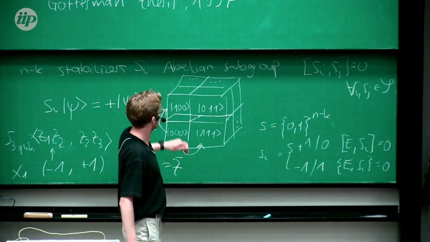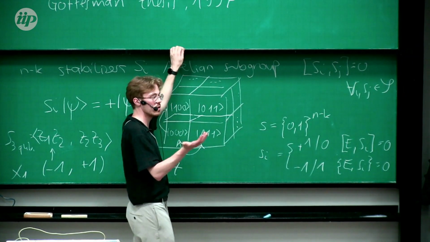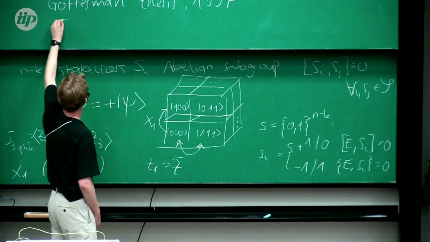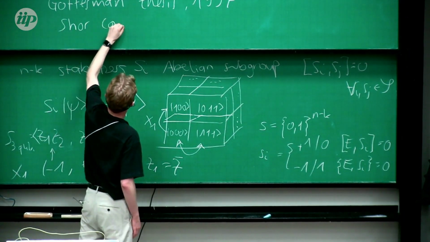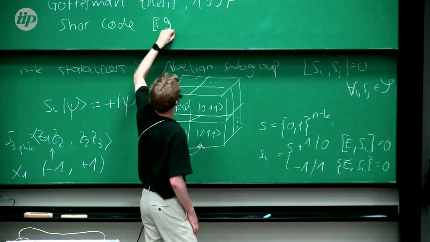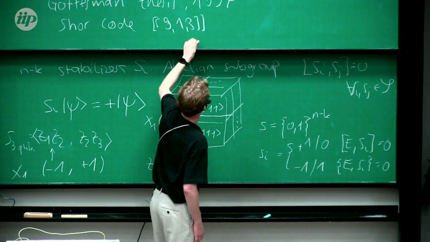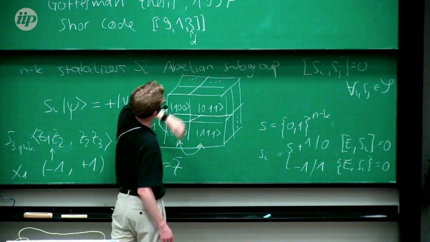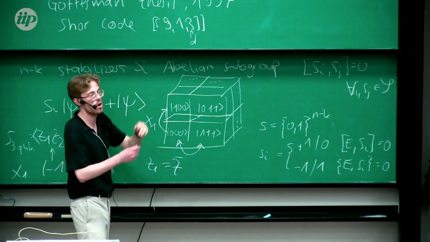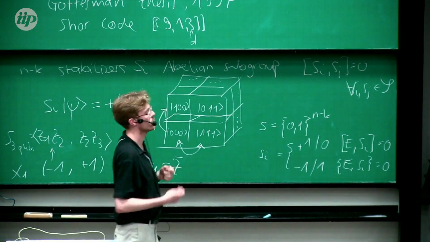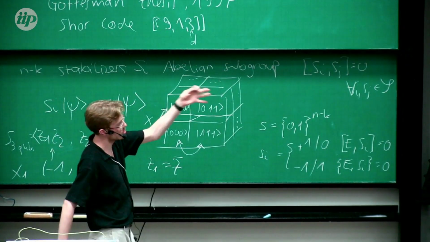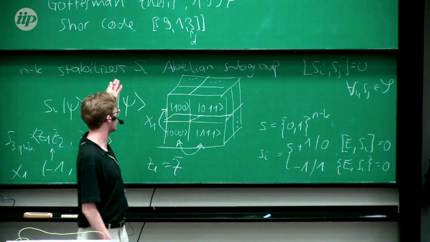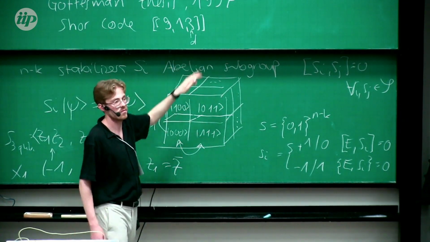We found that, for example, we need 5 qubits to correct for one arbitrary error at least, and we had this so-called Shor code, which was a 9-1-3 code that could then correct for one error, because this is the minimum distance, the minimum weight of a logical operator, which then tells us how far we can go from our code space in order to still recover it. And topological codes, as you will see, are a nice new class of codes where you can get very good protection against errors.